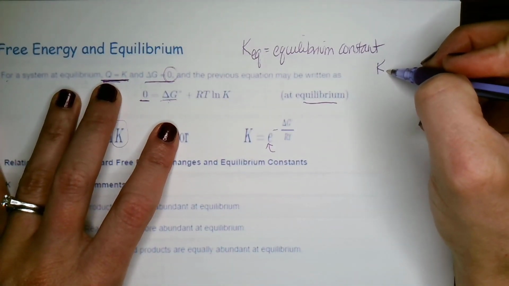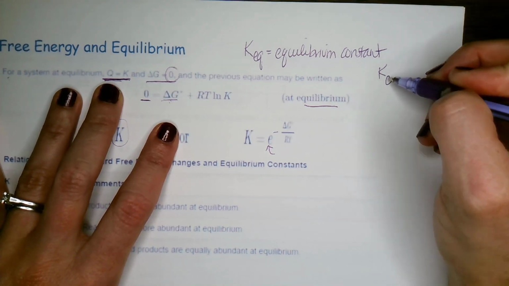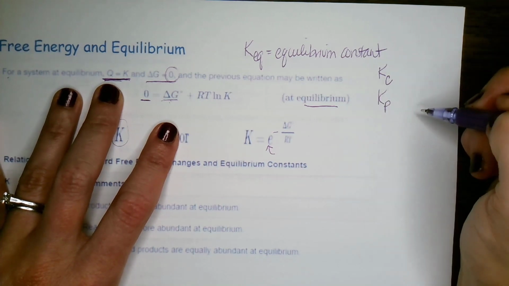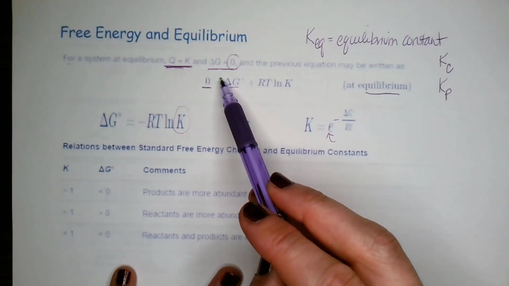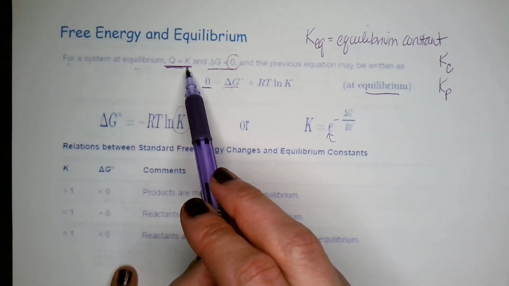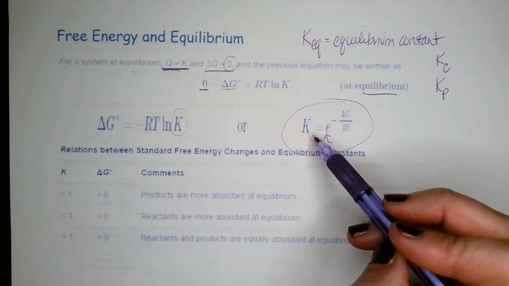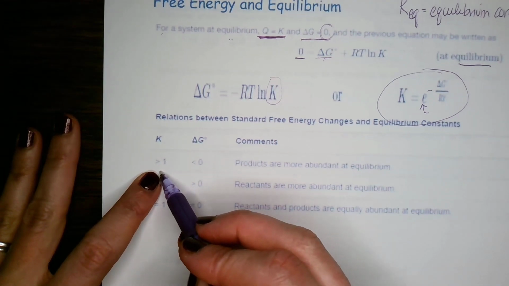And we said Q is equal to K at equilibrium, but we've been looking at Q for concentration. So we can also have K for concentration, K being equal to Q, the constant for pressure. So these are important to know.